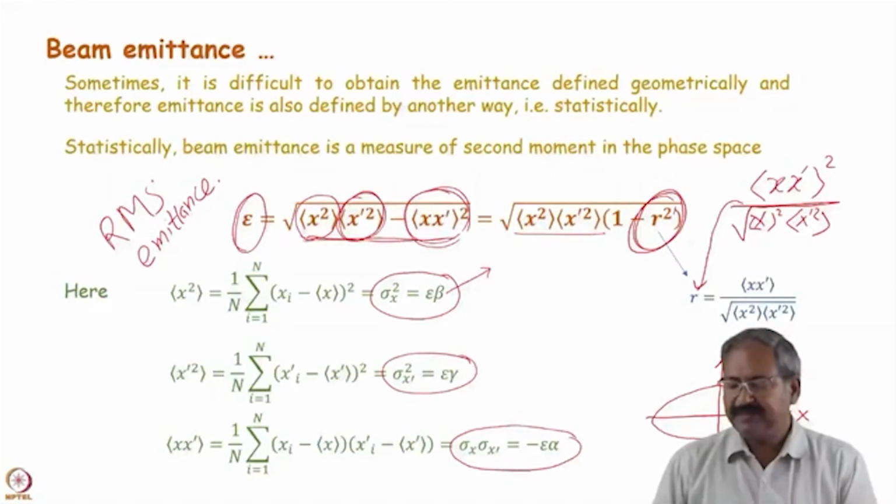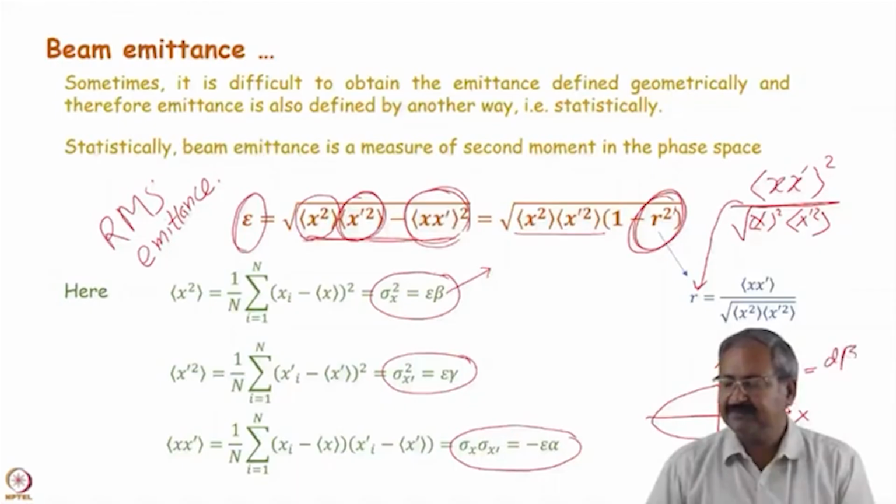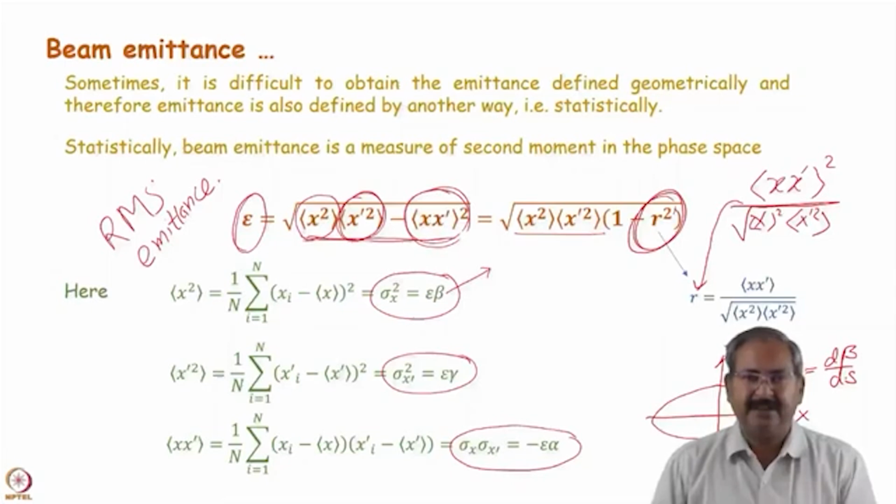So alpha is 0 means d beta by ds is 0, and d beta by ds equal to 0 means beta has either a minimum or a maximum at this location.